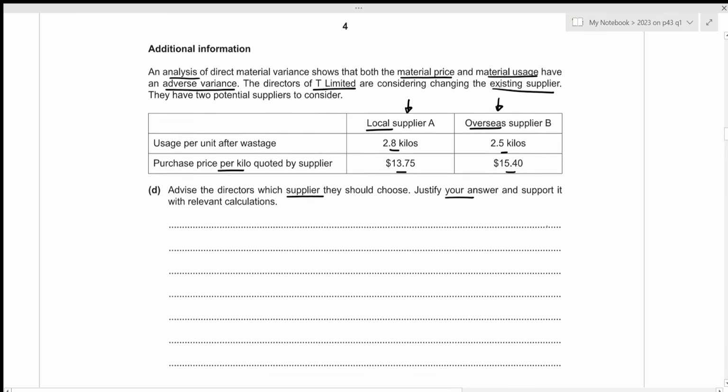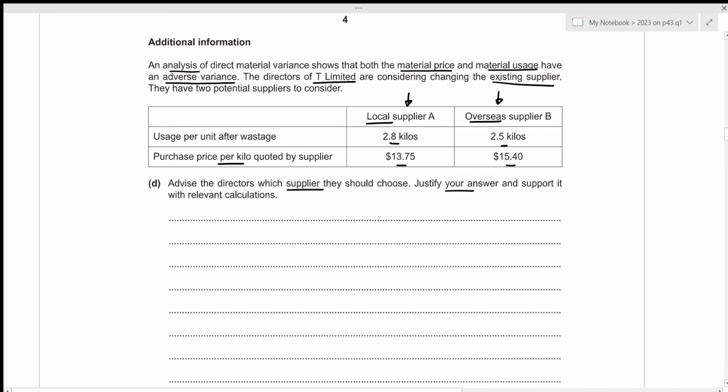So the first thing that we can calculate would be the unit cost for both suppliers. So for local supplier A as well as overseas supplier B, the first thing that we can calculate is the unit cost, because we have the kilos required, so that's the uses per unit.